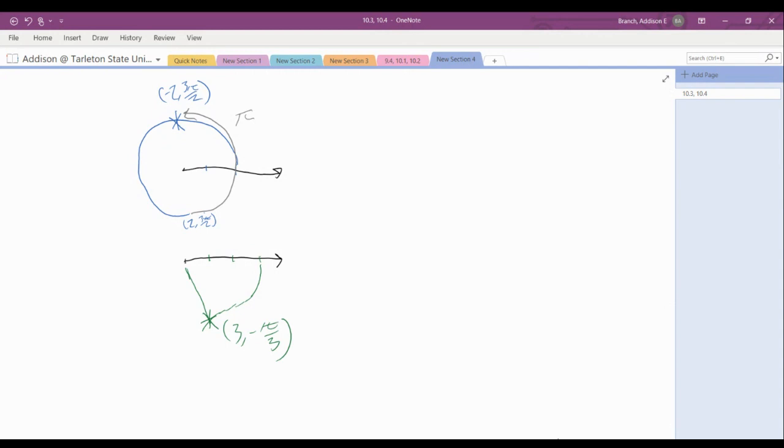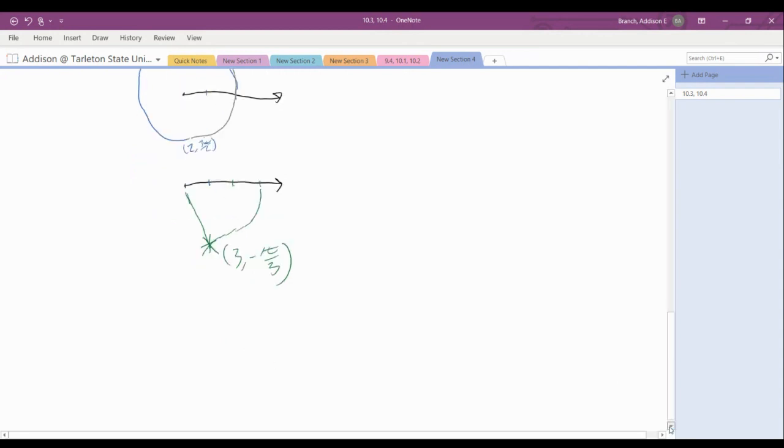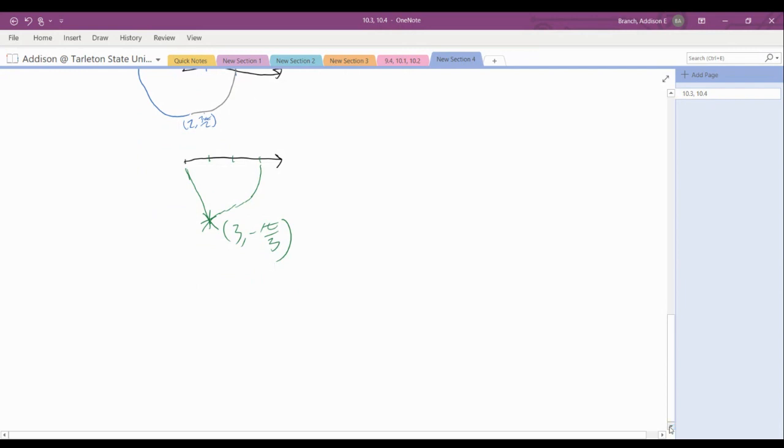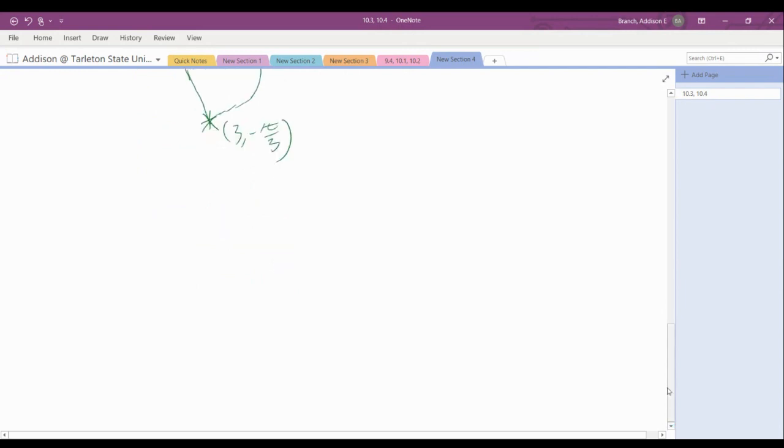Another important thing is that whenever we're in polar, these points can actually have multiple representations. So in a Cartesian system, if they say our point is (3, 4), there's only one place on that graph where (3, 4) lies.